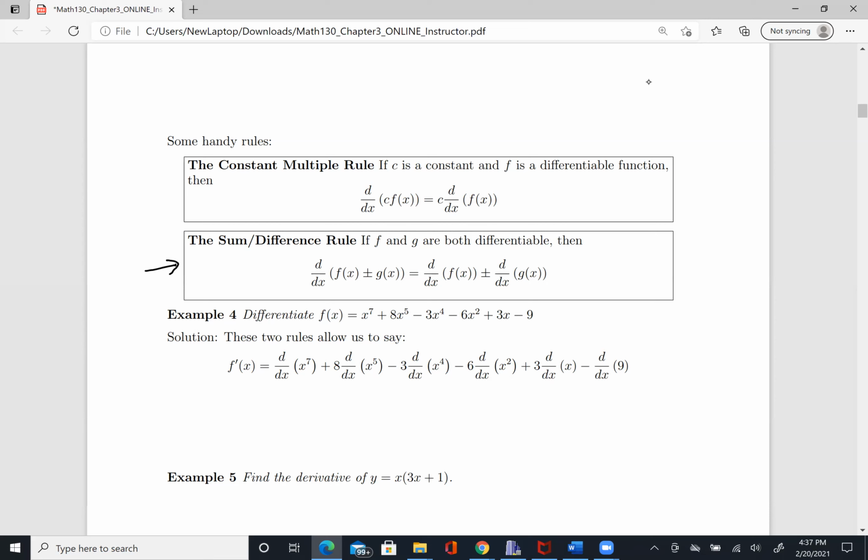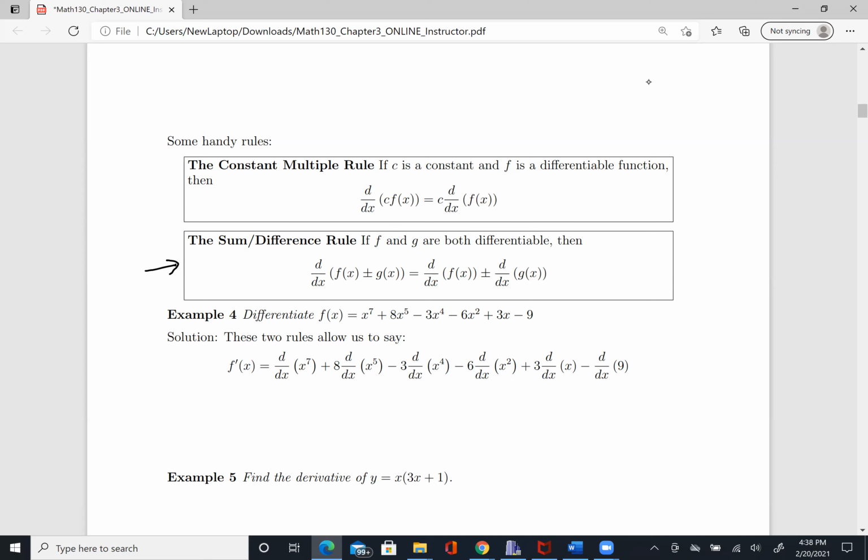Honestly, if you are already very strong with derivatives, you don't even need this step, and you could right away take the derivative of each term.